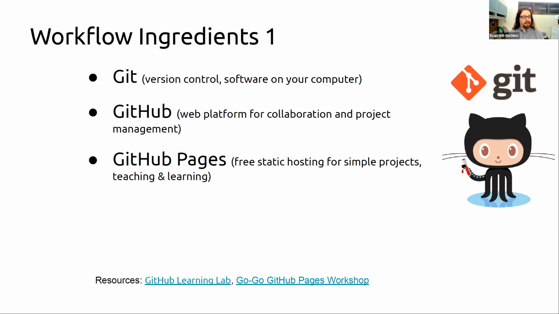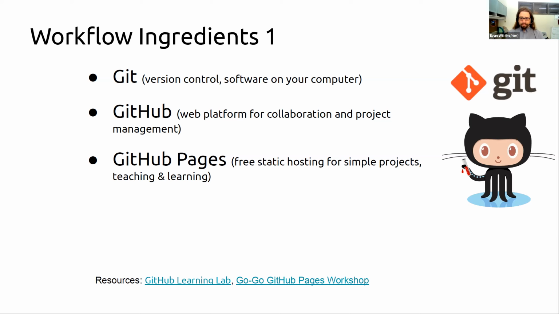And so GitHub is a web platform. It's the most popular web platform for hosting code, and it's really a Git repository hosting service. And so it's a platform that's built around Git version control, and it's a place where you can store and sync your project online. You can think of it as Google Drive, optimized for code, with really robust track changes all built into it.